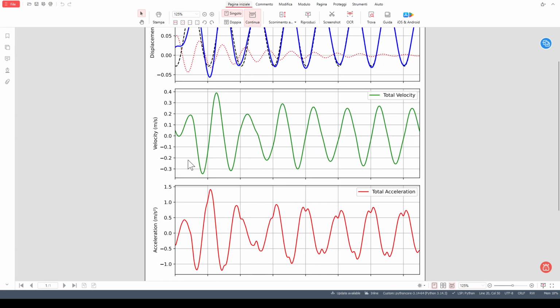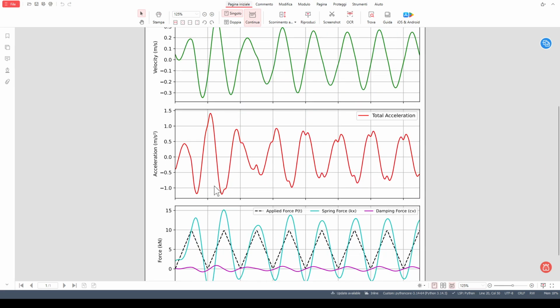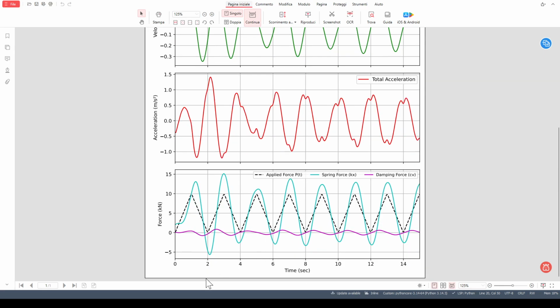The total velocity is the green line, and the acceleration is the red line. Here there is the representation of force, where the black line is the triangular force load applied every 2 seconds, and after there is the spring force in blue and the damping force in violet.